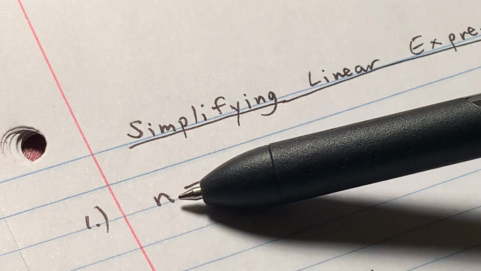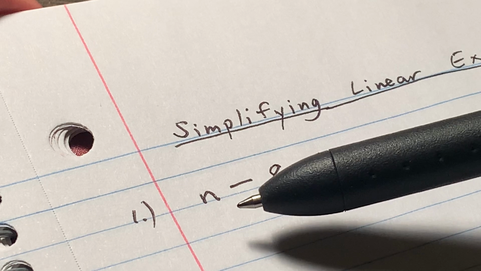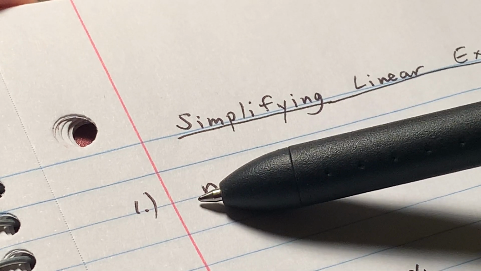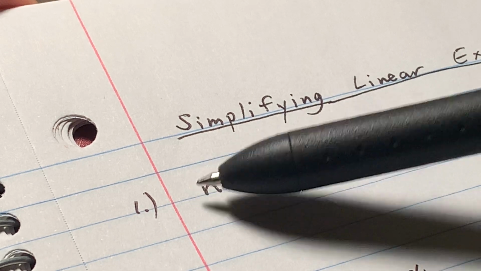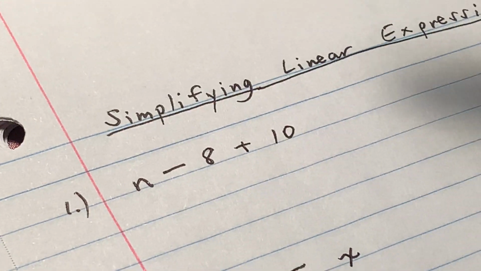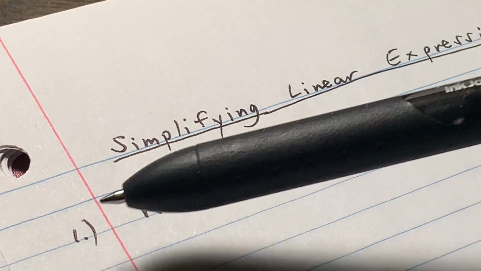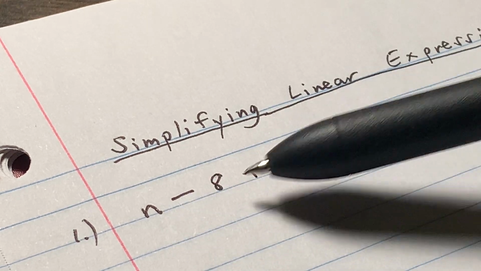It is a variable with an invisible coefficient. Any variable without a number next to it has an invisible 1, which is called a coefficient. So we have 2 singles, 1 couple, 1 variable term, and 2 constant terms.